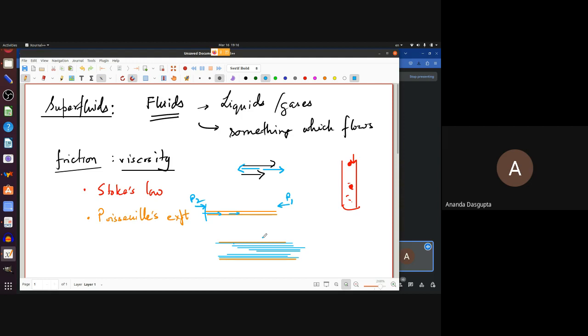Quick question, can anybody tell me why you need this to be a capillary tube, a really thin tube and not a thick tube for this experiment to work? Remember, water, as was said a while ago, has very small viscosity. Despite that tiny viscosity of water, this experiment still allows us to measure the viscosity. That means it still actually produces an appreciable force. But why do you need a capillary?